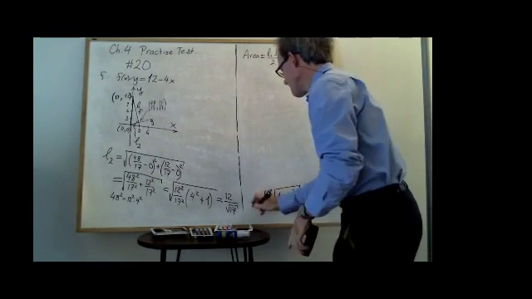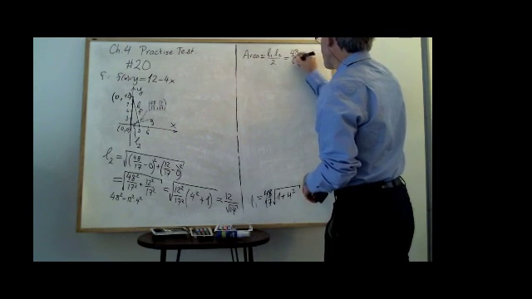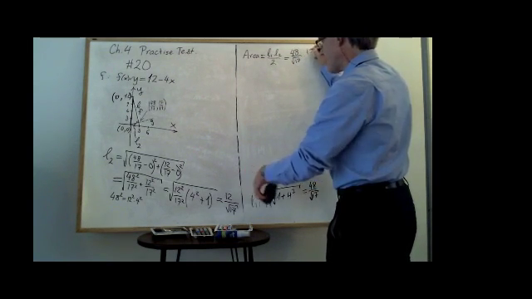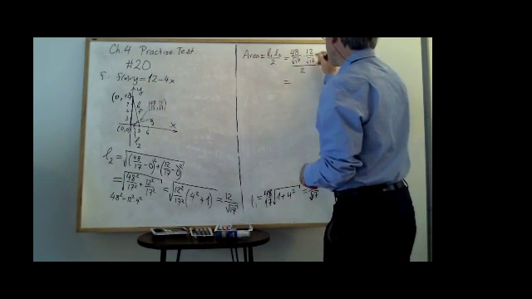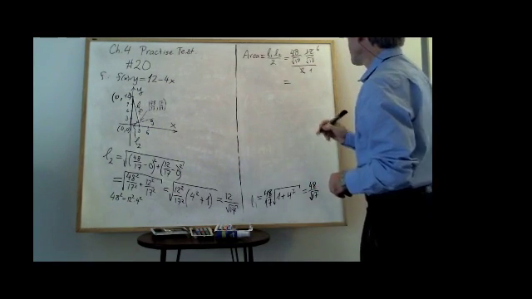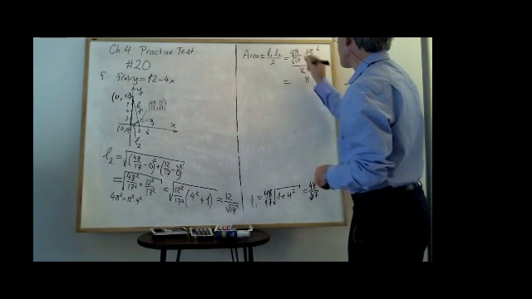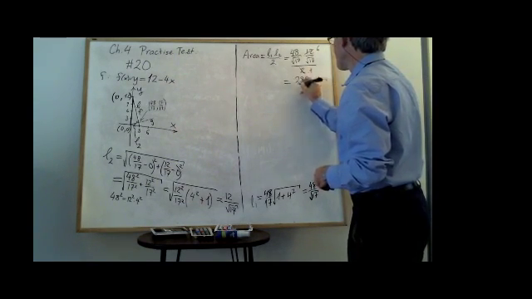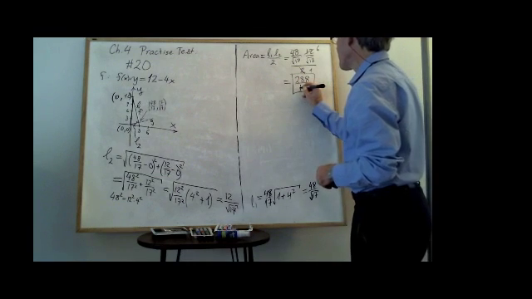This is L1, 48 over root 17, and then 12 over root 17, all over 2, and then I get cancellation here, right? And then 6 times 8 is 48, 4 times 6, 24, 288 over 17. Okay, so that's what I get for an answer to that problem.